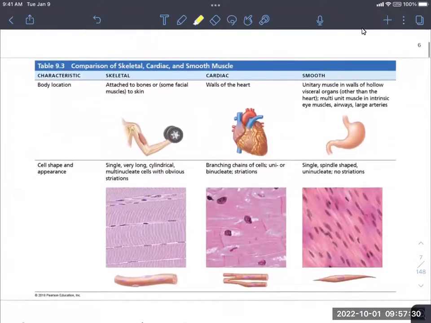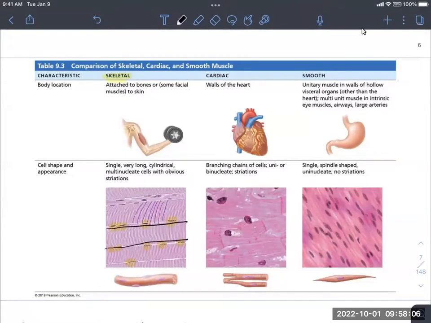So here's the different kinds of muscle tissue. As you can see, with the skeletal muscle, you see all these striations, these lines going through. There's also several nuclei per muscle fiber. This whole portion in here is just part of one muscle fiber.